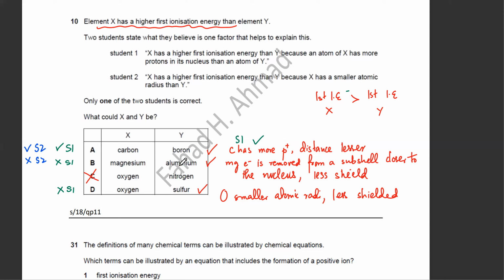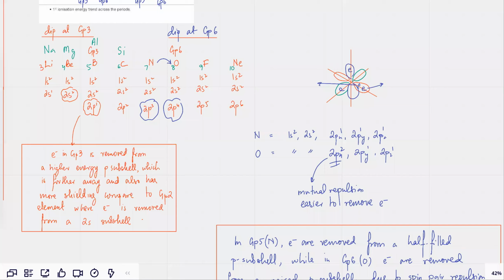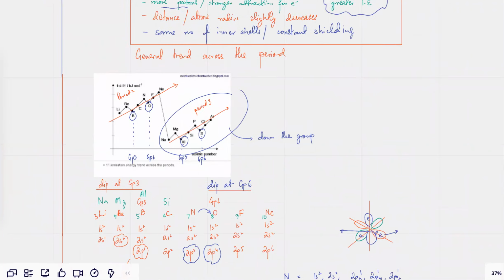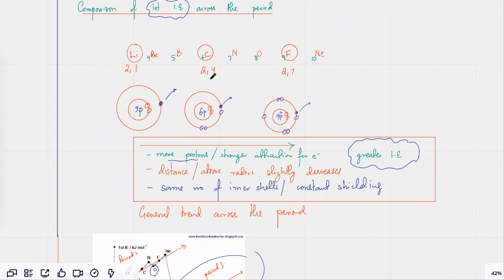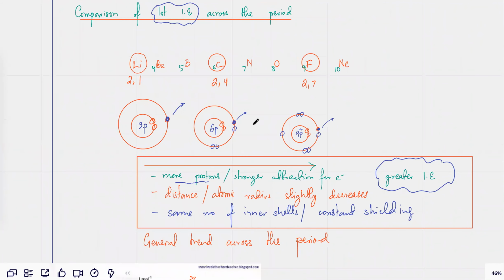when you move across the period, the size of the atom gradually decreases because you've got more protons. The electrons are more strongly attracted to it. So aluminium has more protons. This is what we studied: when you move across the period, you get more protons in the nucleus, so the shells are more strongly attracted to the nucleus.